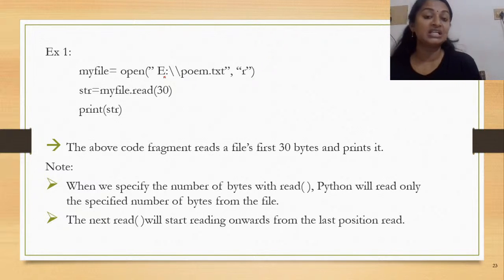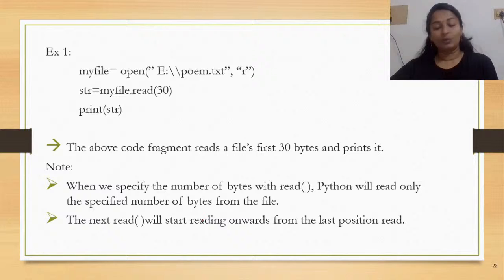When we learned yesterday, we already saw that there is an end of line character for the file itself. So it will read the bytes in the form of a string ending with the new line. This new line character itself is there in the file right at the end.